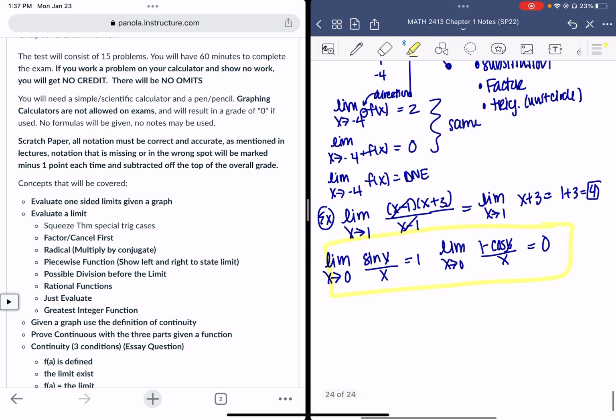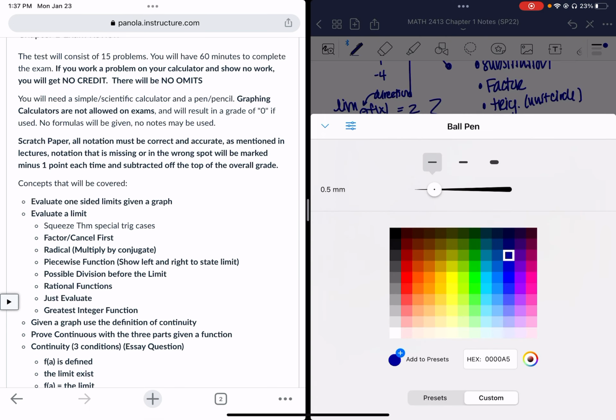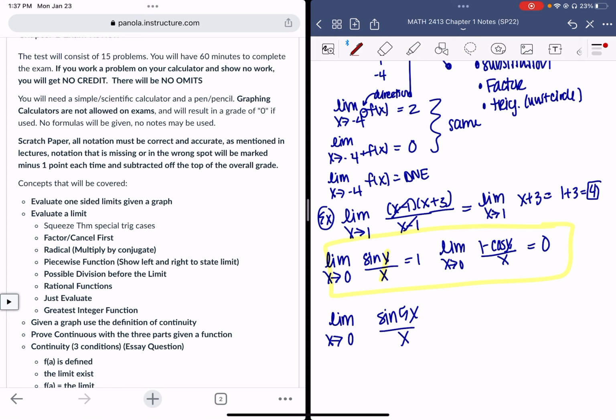Now again, we've talked about how your scratch work is a lot of times proving what's going on. There was one example in the lecture as well as the homework that had something like this. It's important to note that when you're using this known limit, these two pieces had to be the same. So since my two pieces were not the same, what I would have to do is multiply by a fancy one. That fancy one would be like a 5 over 5.